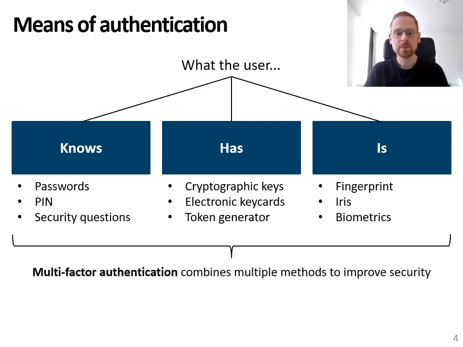On top of that, multiple of these factors could be combined. So by combining multiple methods for authentication, we can improve security. This is referred to as multi-factor authentication. A specific case of that, two-factor authentication, is these days often employed on modern computer systems.